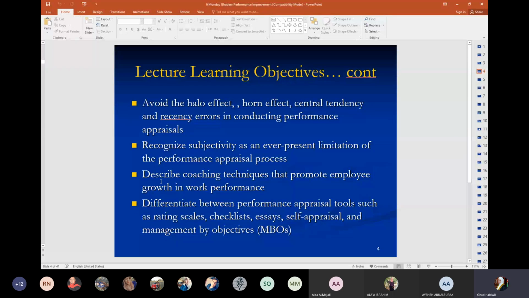By the end of our lecture, we will recognize the subjectivity issue as an ever-present limitation of performance appraisal. We will also describe the technique of coaching and differentiate between different performance appraisal tools such as rating scale, checklist, essay, and management by objectives tool.